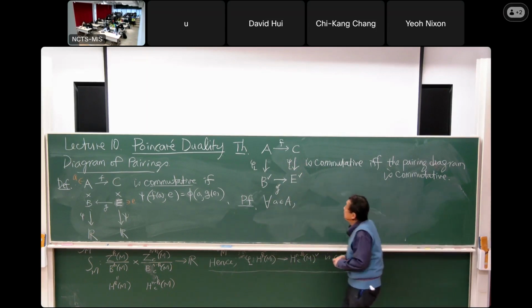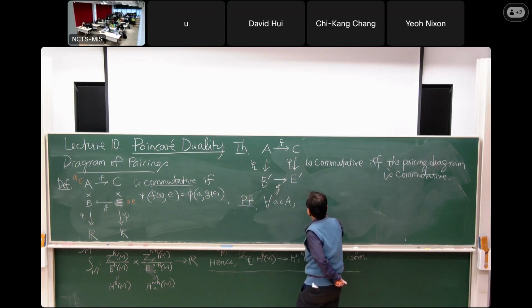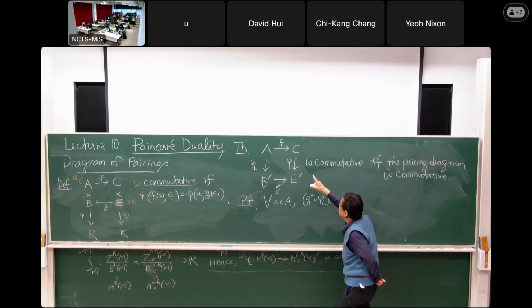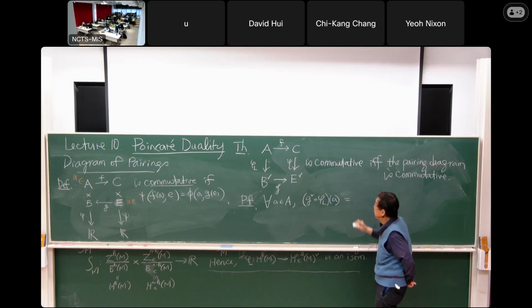So if I go this way, then g dual composed with phi L of a should be equal to going the other way.